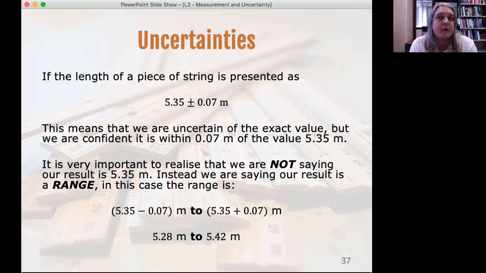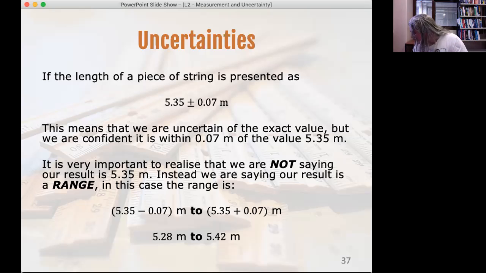Firstly, central value. So the result itself, in this case 5.35, that is your central value. And the plus or minus is just saying either above or below that central value. And then the next number, the 0.07, is how far above or below they think the real value could be. And we don't know what the real value is, that's the point, but we are confident it's somewhere in that range.